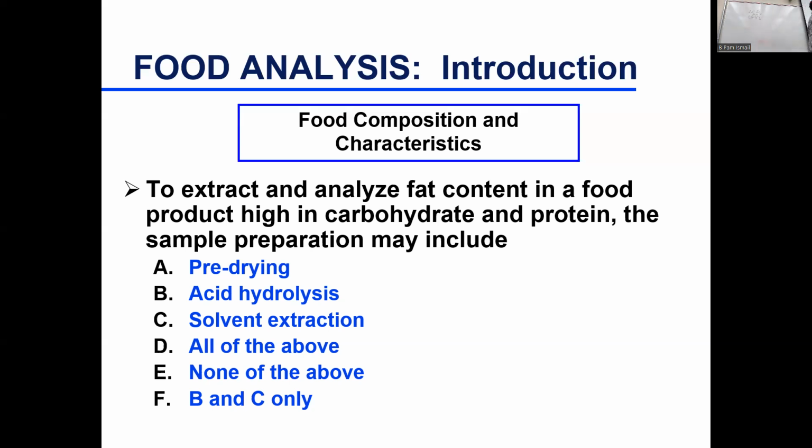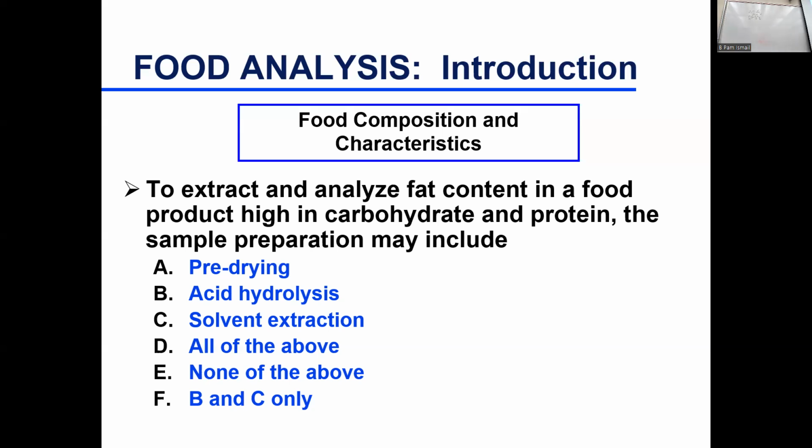So the Soxhlet method is a semi-continuous method, and there's no shaking. In this method, if the moisture content is above 10%, if you have really high moisture content in your sample, the moisture would interfere with the solvent reaching the fat. So your sample needs to be pre-dried in that method.